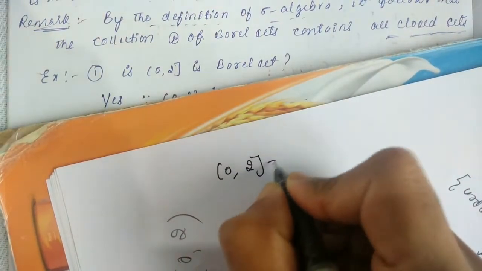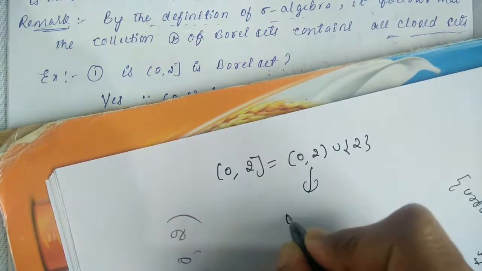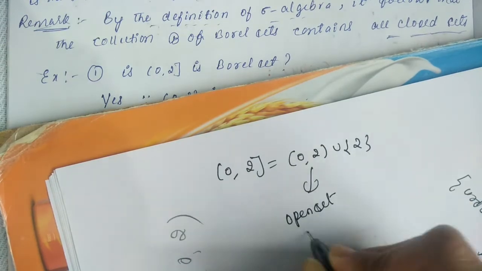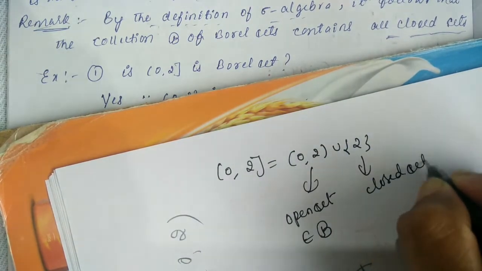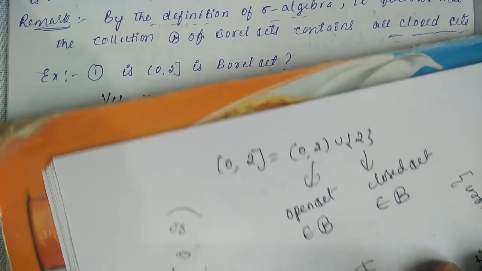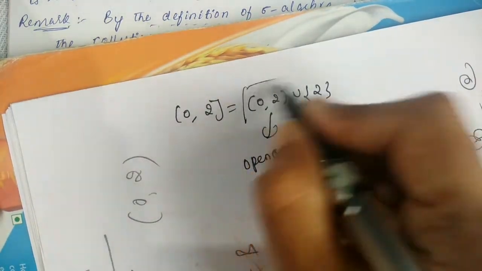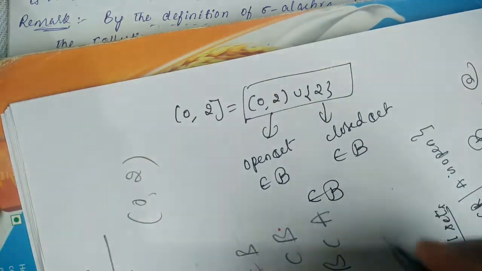So why is it a Borel set? (0, 2] can be written as the open interval (0, 2) union the singleton {2}. This is an open set, so it belongs to B. This is a closed set. The closed set also belongs to B because the Borel sets also contain closed sets. Then the union of these two also belongs to B. Why?